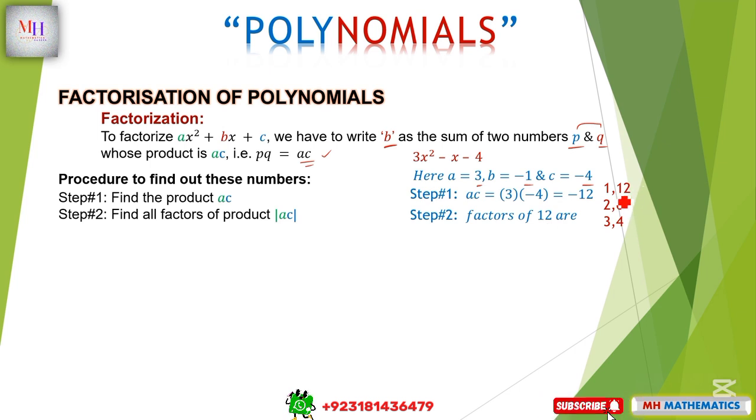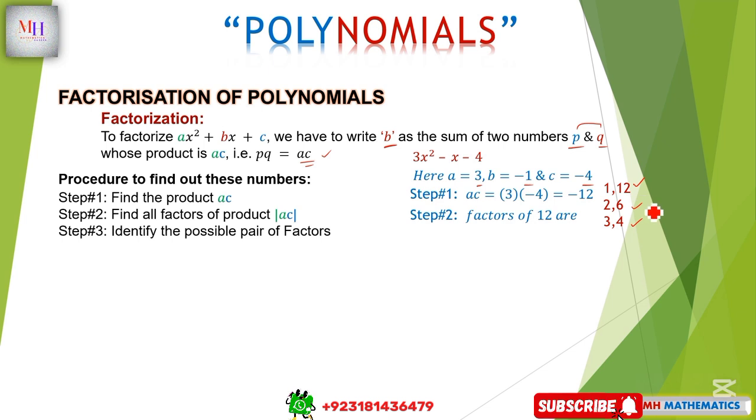I have written these in pair form so that I can use them easily. So here are the three pairs of factors of 12. Now in step 3, identify the possible pair of factors. Among these three pairs, 3 and 4 is the possible pair because we have to find a pair of factors such that their sum or difference is equal to minus 1. So 3 and 4 are the possible factors.